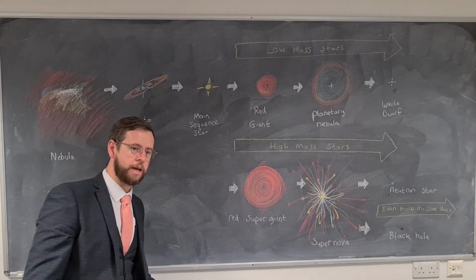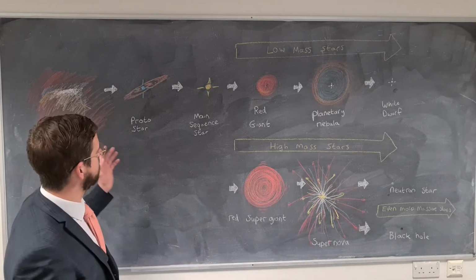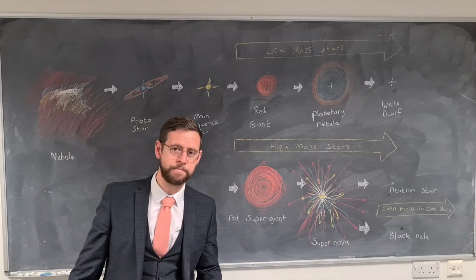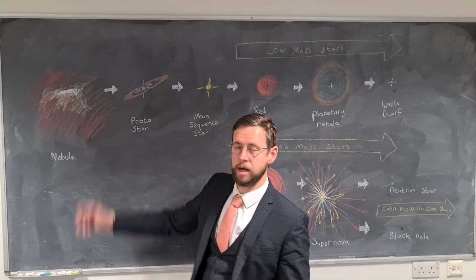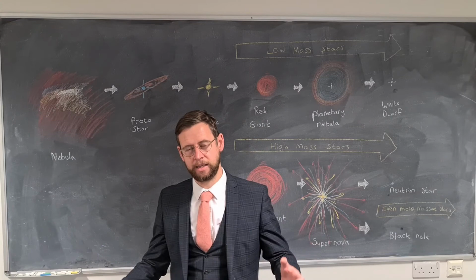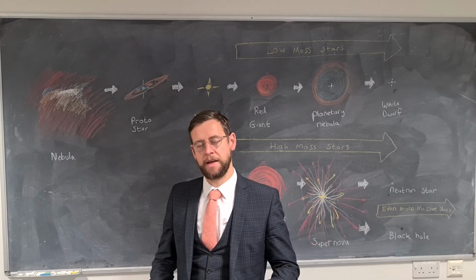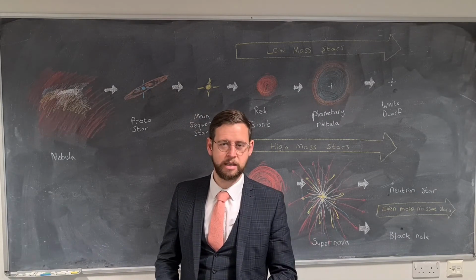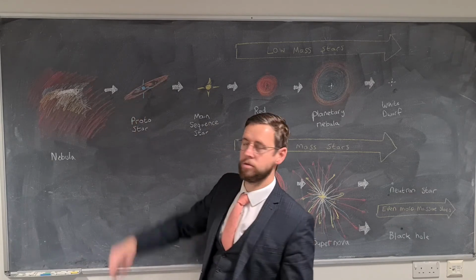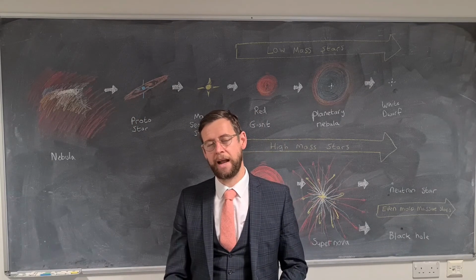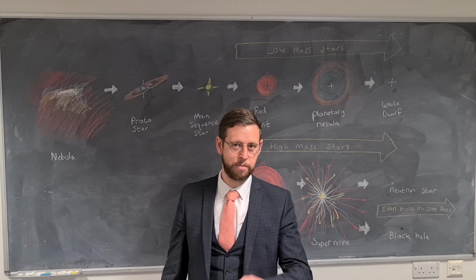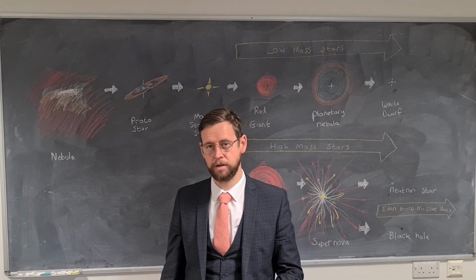So the life cycle of a star follows this regular pattern. All stars begin as a nebula, a cloud of gas in space. That, due to gravity, collapses and a proto-star is formed, around which a protoplanetary disk, out of which the planetary system forms.